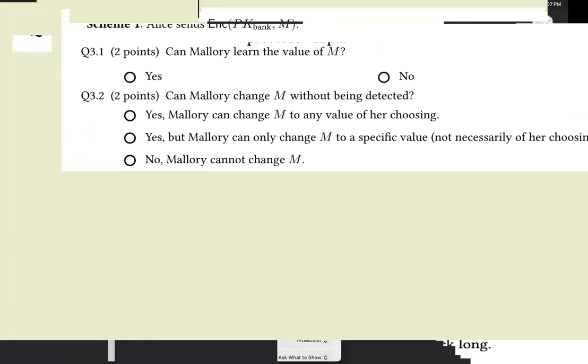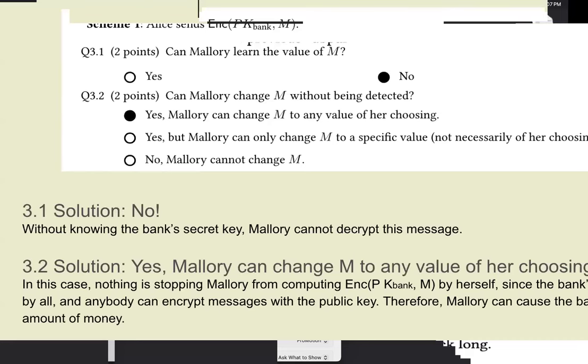So can Mallory learn the value of M? Raise your hand if you think it's yes. Okay, how about no? Okay, yeah. So Mallory cannot learn the value of M, but she can change it to any value of her choosing. Why is this true?